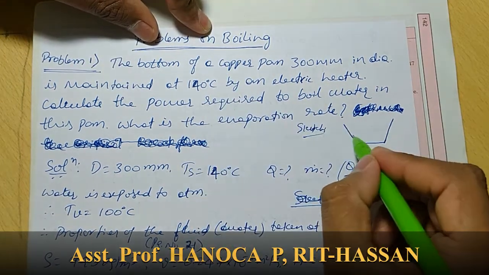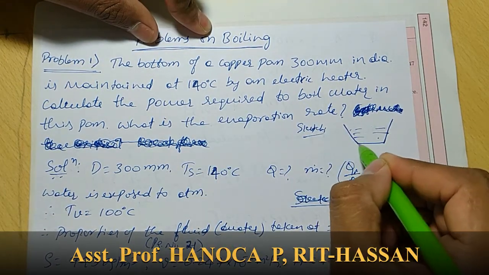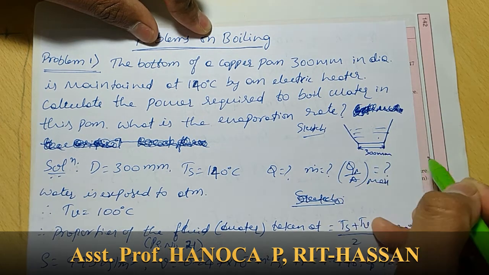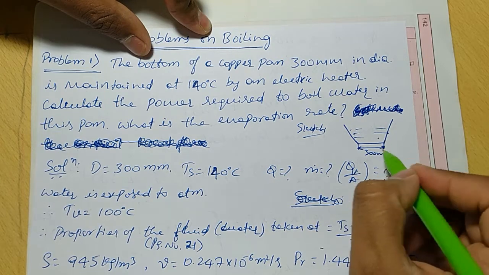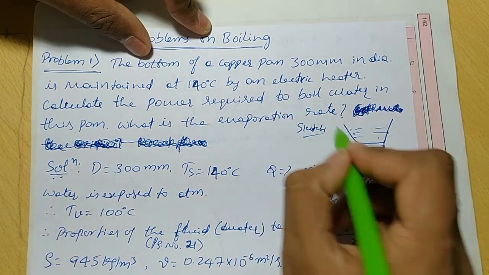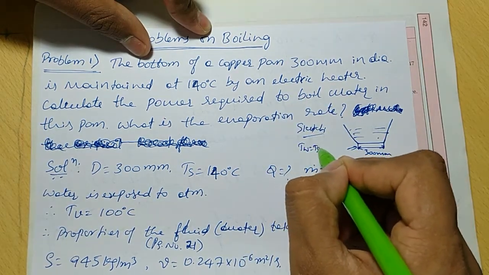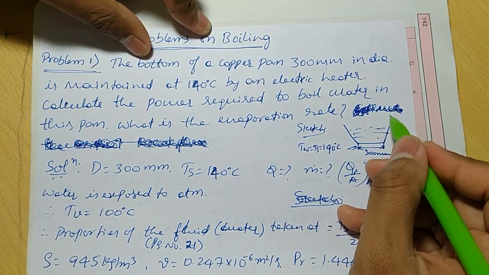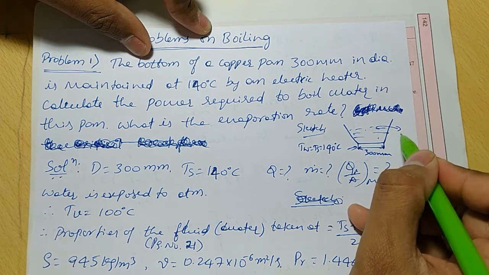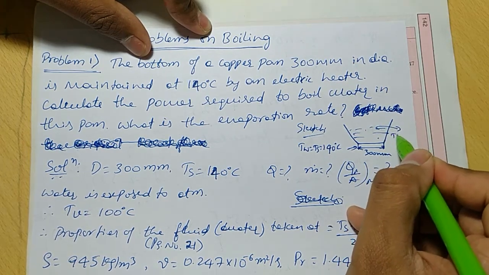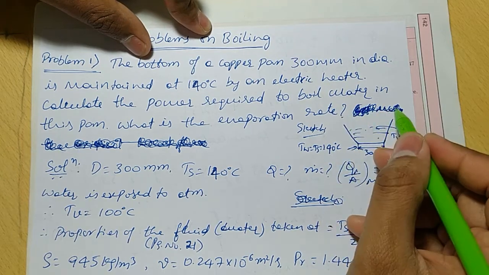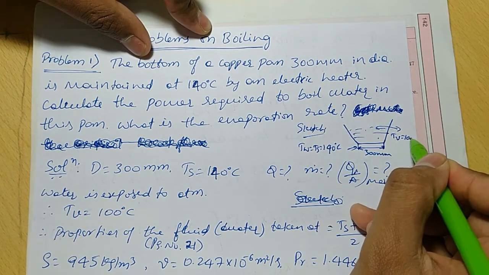A copper pan like this, and the diameter is 300 mm, with this electrical heater. The T wall or Ts is 140 degrees centigrade, and this is exposed to the atmosphere. So the boiling will take place at atmospheric condition, so the vapor temperature Tv is 100 degrees centigrade.